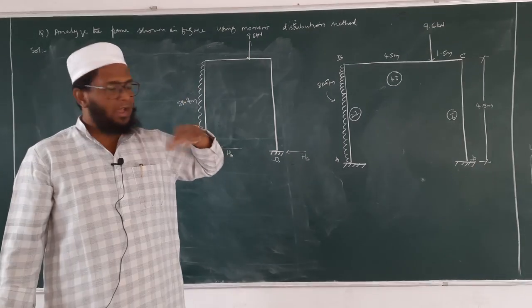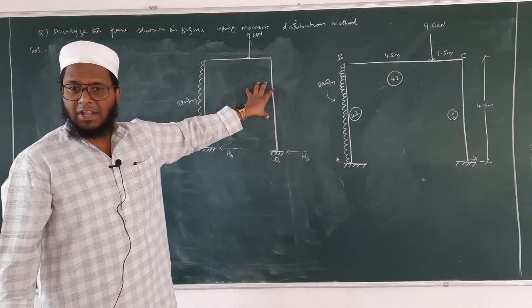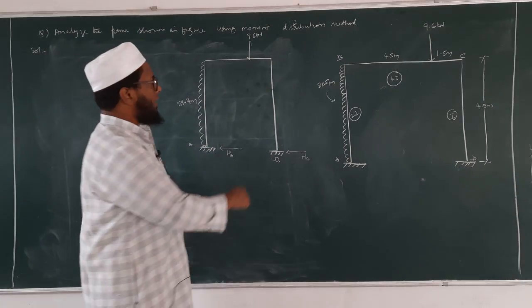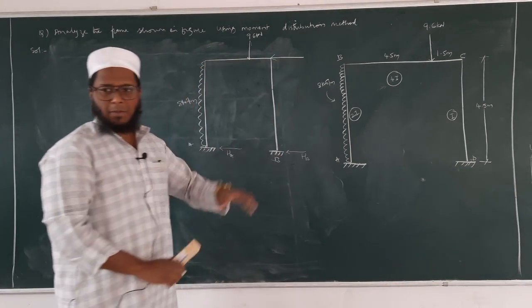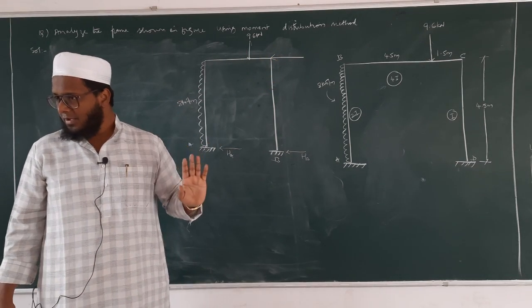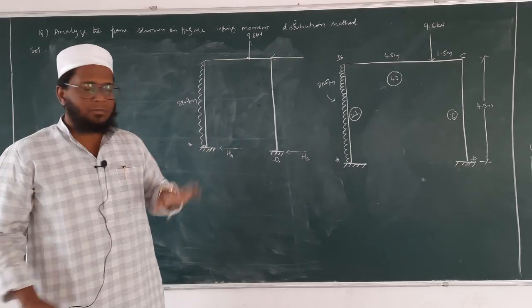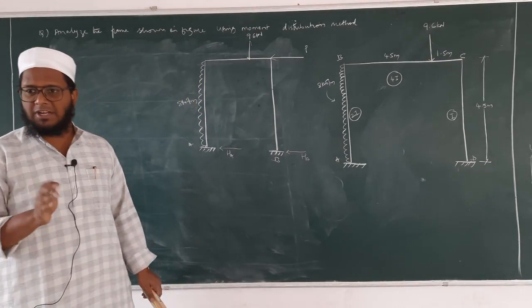We need to provide. I want to stop this sway. Okay. So what I will do? We'll try to add one force here. Okay. If you apply one force, what happens here? My frame will not sway. Okay. What is that force? I am assuming that force as P.